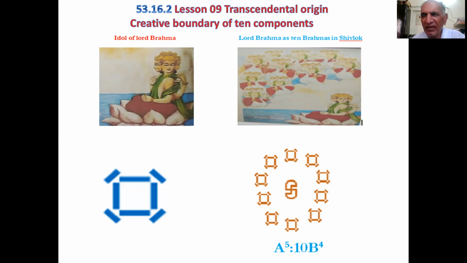As many as 10 creative domains, 4-space domains, together manifest the creative boundary of the transcendental domain. It is of 10 components. The transition for 4-space domain from its role as a domain fold to that of boundary of 5-space is a fundamental transcendental step which is to be comprehended by us.